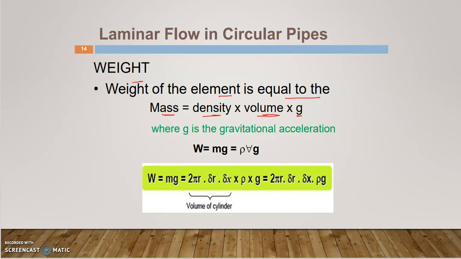So it is rho g: the density is rho, the volume is V, and gravity is g. Therefore, with the volume of the cylinder here, this is the formula of the volume of the cylinder times rho, the density, times g, gravity, so we will get this equation.